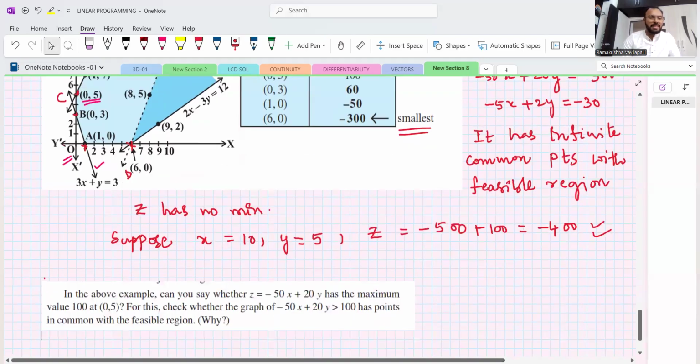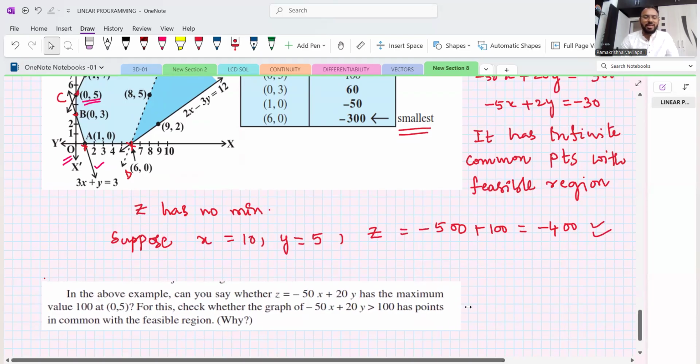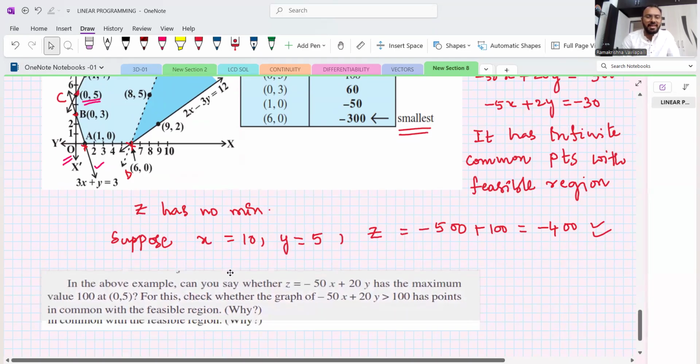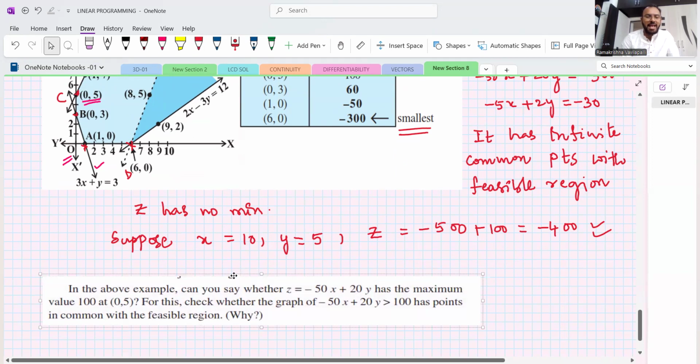Here you say, in the above example, can we say that z is equal to minus 50x plus 20y has maximum value 100 at 0, comma 5? You see, this is 0, comma 5.